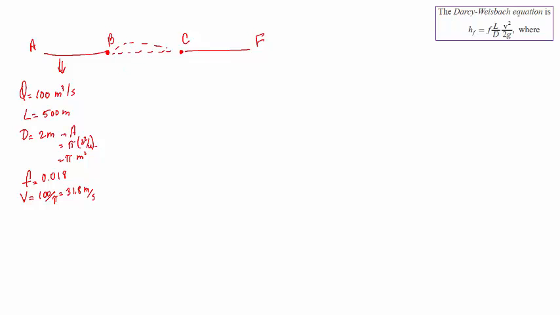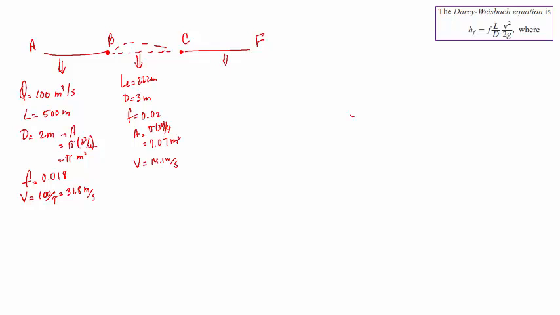Now this was a branch, right? But it tells you already that this branch has been substituted by a length of 222 meters, diameter is 3 meters, friction factor is 0.02, area is pi 3 squared over 4, so the area then is 7.07 meters squared, and so therefore the velocity is 14.1 meters per second.